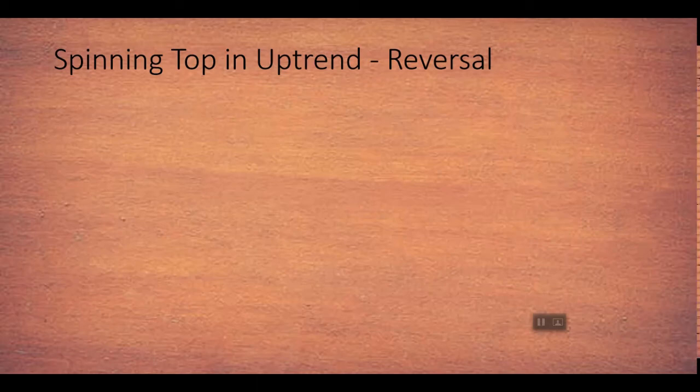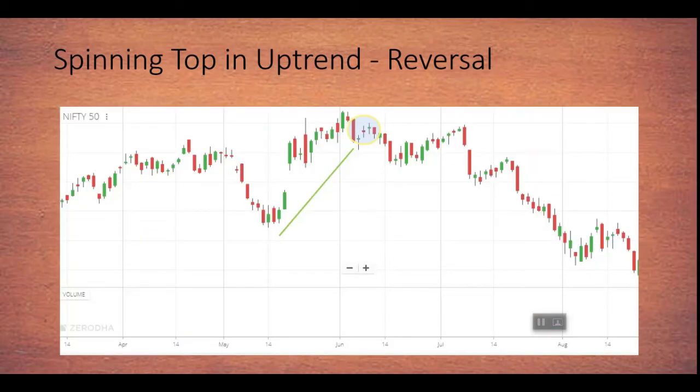Okay, so spinning top in an uptrend is a reversal pattern. Here you can see that the stock had a good rally upside, and after that a spinning top was formed. After that you can see that a reversal happened at this level, right?